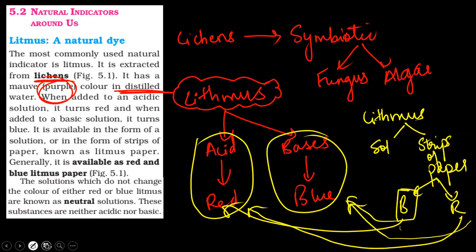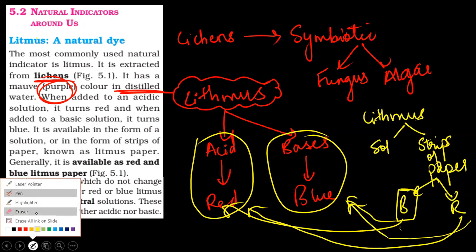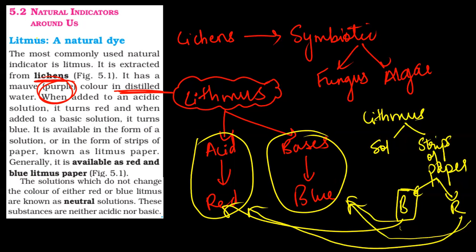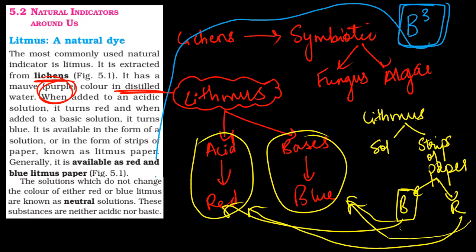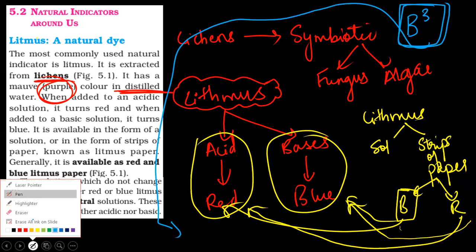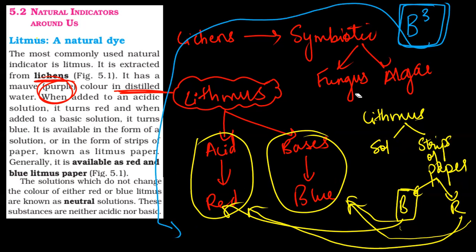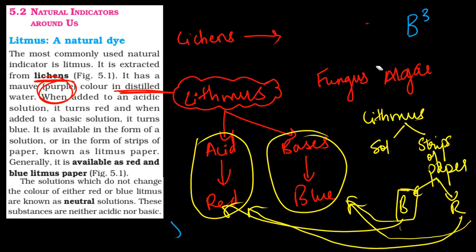But I will as well give you a trick to remember. For bases, always remember B cube. B cube is nothing but, I'll write it here as I don't have space. Or I'll just erase a little bit.